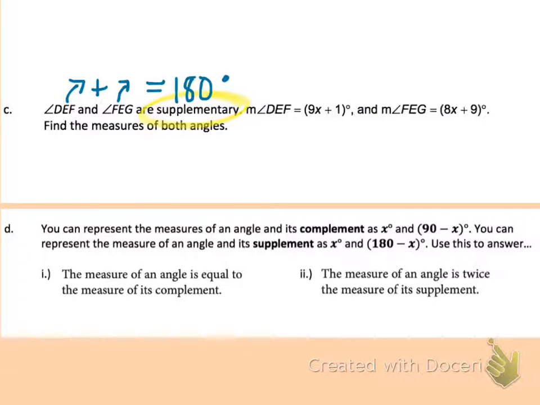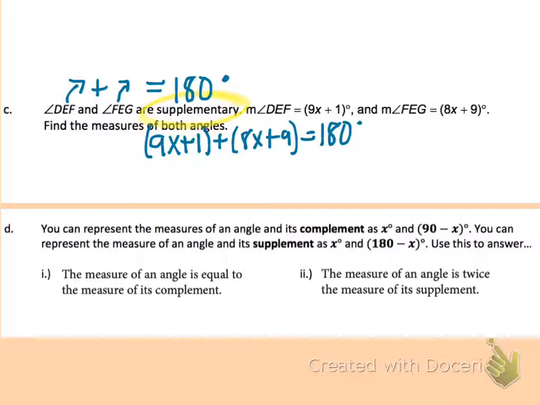And then they tell me that DEF is 9x plus 1. And then they also say that FEG is 8x plus 9, and I know they have to equal 180 degrees together. So clean up my equation, and then I'm going to solve.